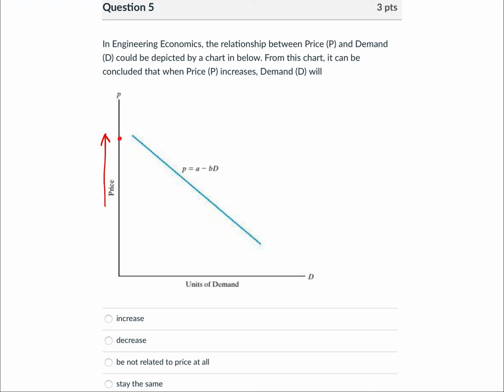If you have a higher price, your demand is going to be very close to zero, which makes sense. If that product, a cell phone, is very expensive, then nobody wants to buy it because we have cheaper options. So for this question, when the price increases, demand will decrease.